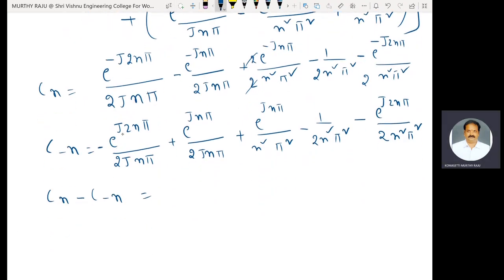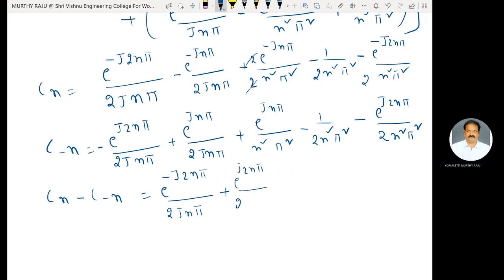Here e power j 2n pi by 2j n pi, this is minus e power minus j 2n pi by 2j n pi, minus into minus plus e power j 2n pi by 2j n pi.